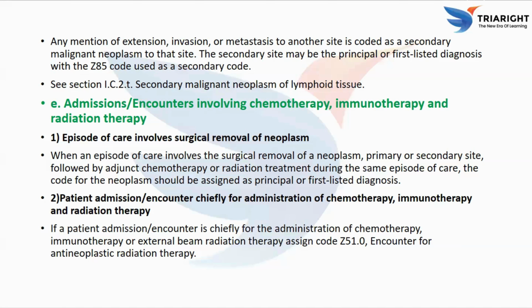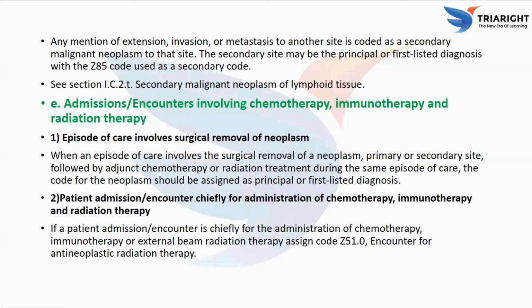So what is the sequencing rule for this encounter? The neoplasm code is always the first listed or principal code. Example, a patient admitted for mastectomy followed by radiation during the same stay. So first you have to assign the code for breast cancer, which is the principal diagnosis, and then Z51.0 for radiation therapy as a secondary diagnosis. So if the surgery is the main event, cancer comes first.